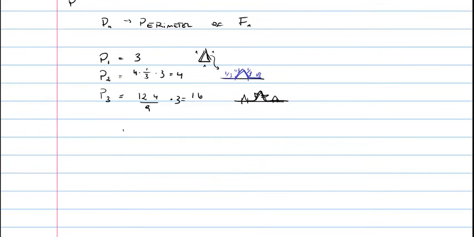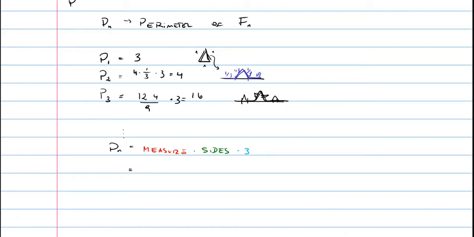So when we continue, we're going to have that P sub n is going to be first the measure of the sides. This will be multiplied by the number of sides, and then it will be multiplied by 3, because we have 3 total sides in our original triangle.